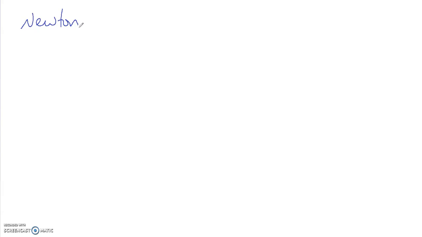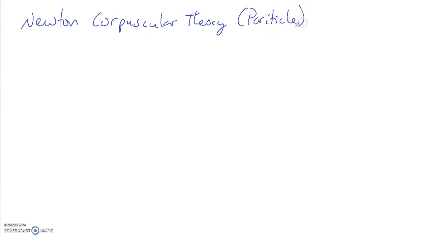Newton's theory is called the corpuscular theory of light, and it's basically a particle theory of light. The basic premise is that light acts like little tiny bullets flying around.